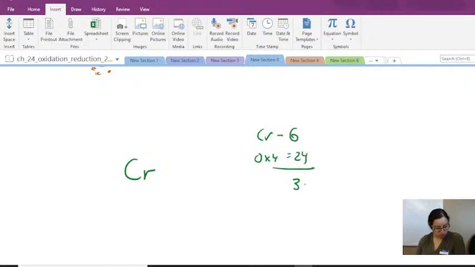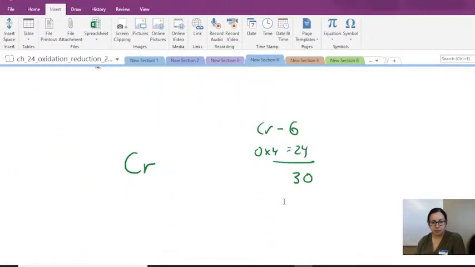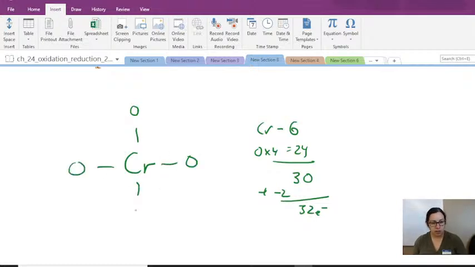So that's 30, plus the -2 charge, 32 electrons. And so you could have started out just drawing a bond to each oxygen, fill it in. So this is one possible structure.